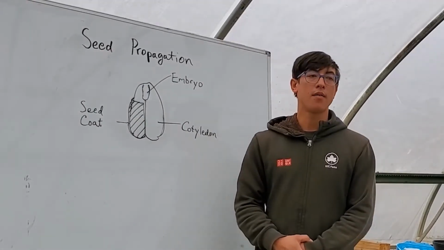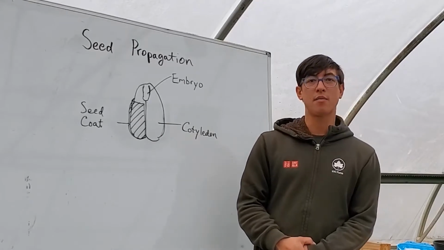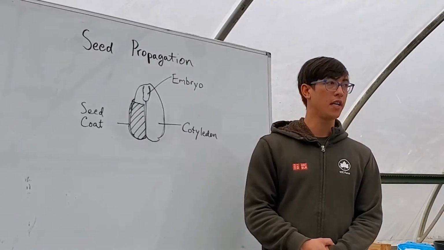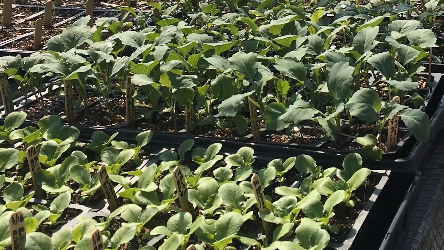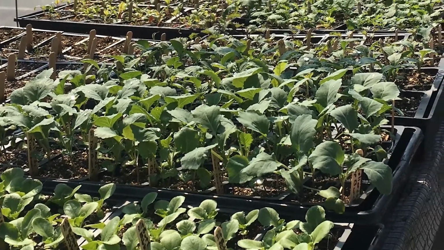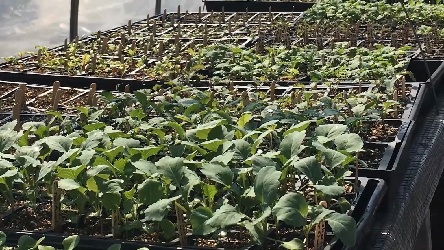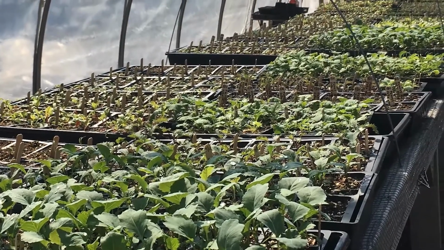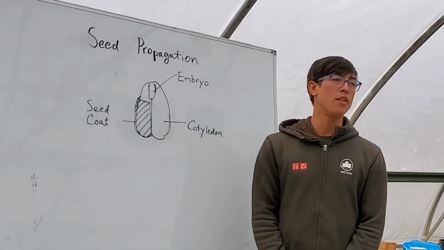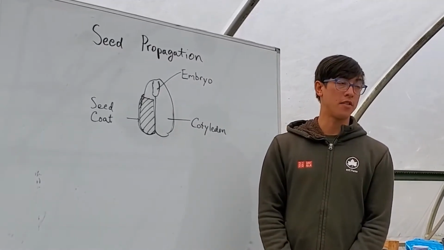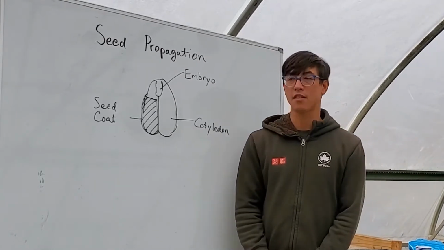Dicots, I believe there's more dicots than monocots in gardening, and you have beans, tomatoes, potatoes, eggplant, peppers, everything in the gourd family: cucumbers, pumpkins, squash. So most of the plants that we grow in gardens as gardeners are dicots.